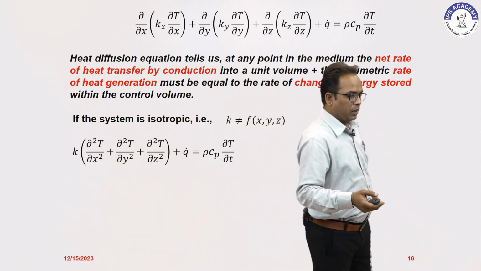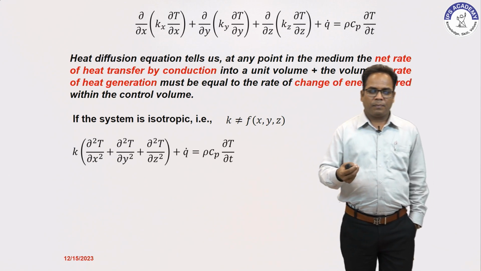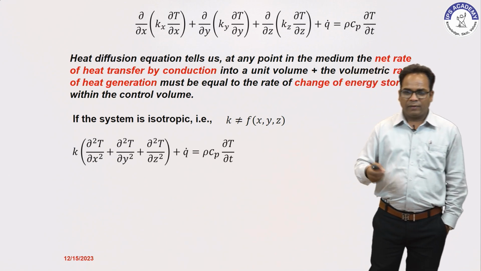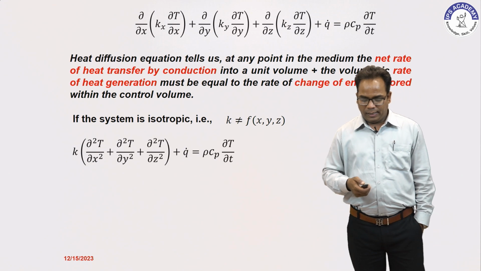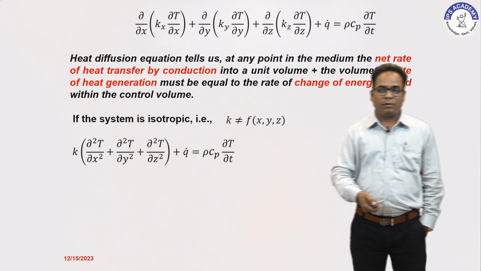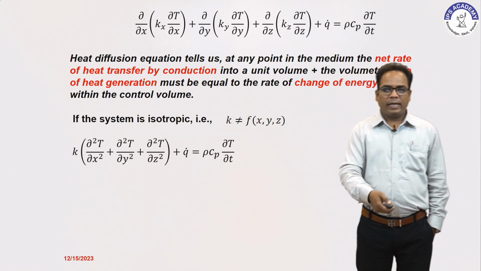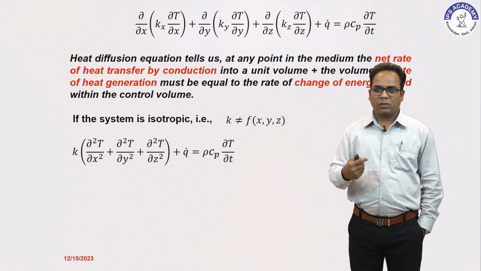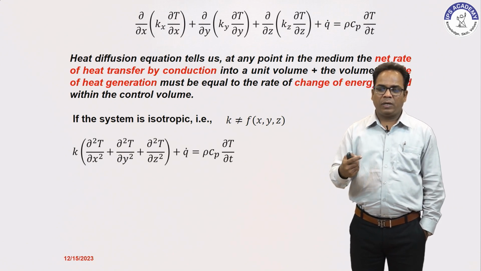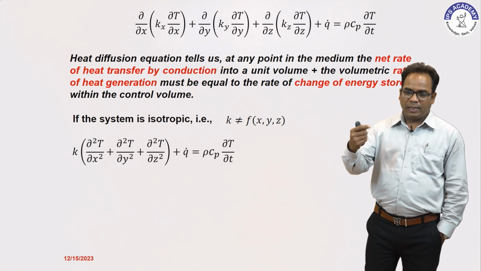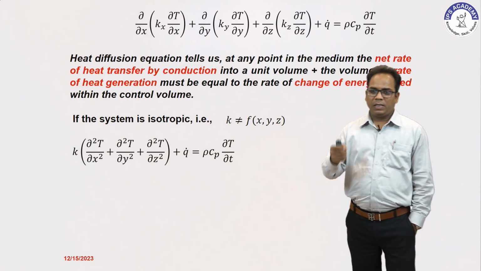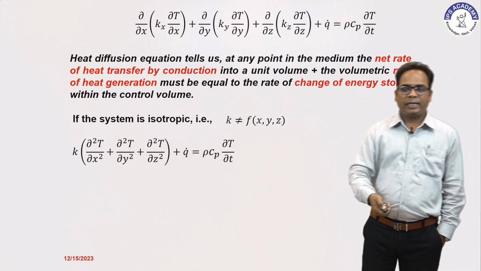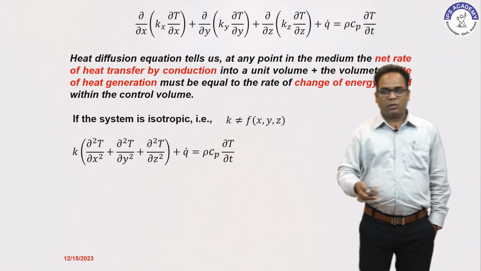So for that case the mathematical form of the heat diffusion equation will change, and the new form of the heat diffusion equation is K times (del square T upon del x square plus del square T upon del y square plus del square T upon del z square), plus the rate of heat generated, equal to the energy stored within the control volume.